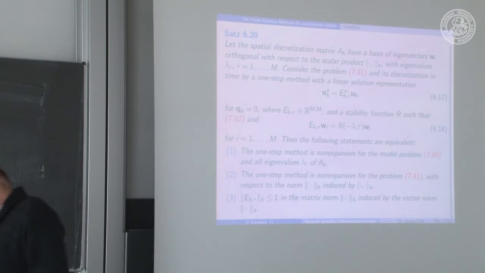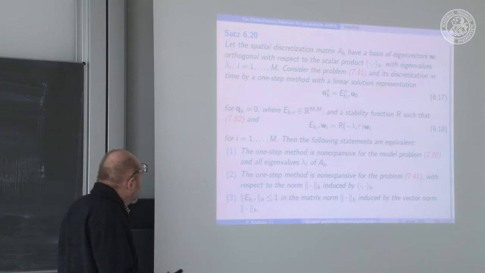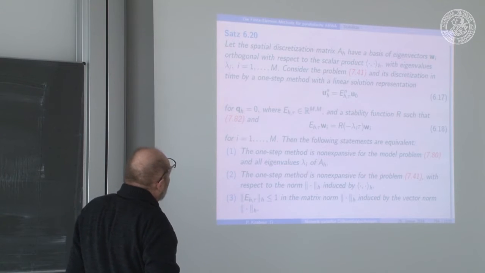Let's try to write this down a little bit more. What are the consequences now in terms of solution evolution, in terms of stability for the full equation? We can phrase this a little more abstractly, as we have seen already.